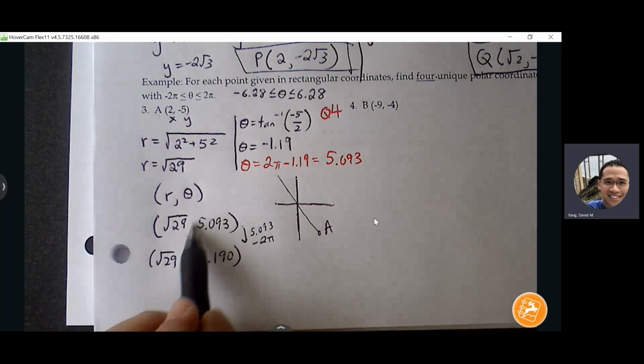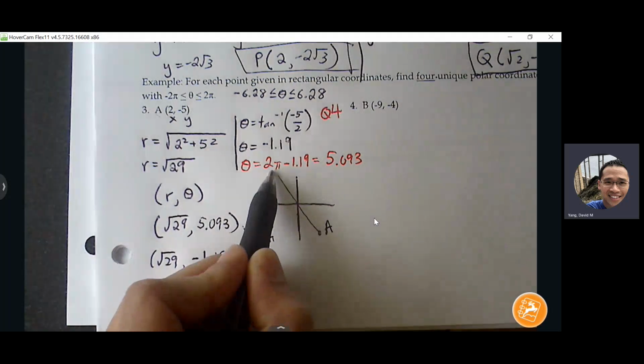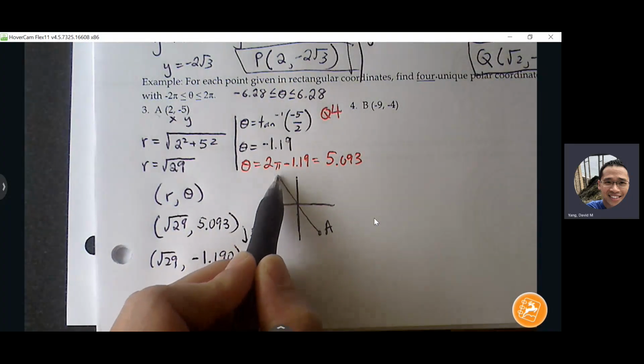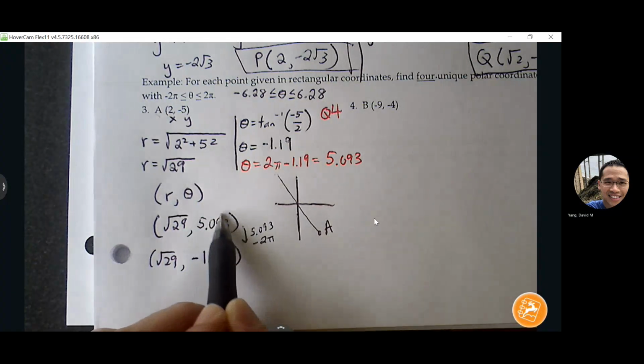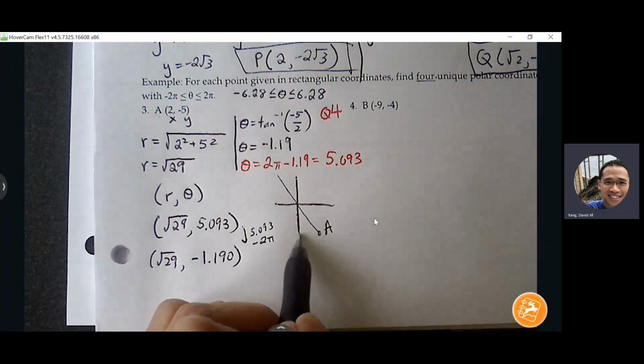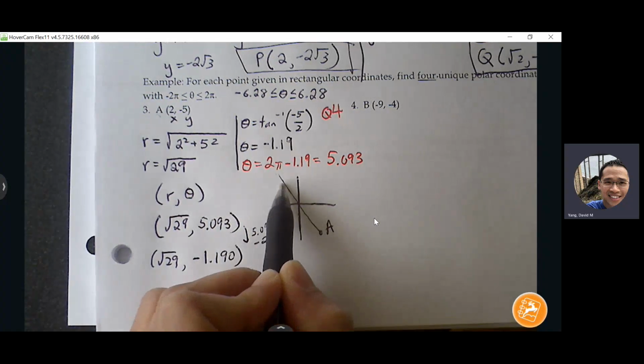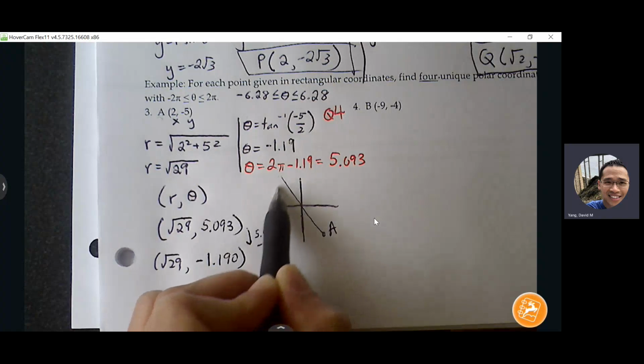Now, going back to 5.093, how can I get something that's in the second quadrant that I can use along this line? Subtract what? Pi, yep, subtract pi. That will take me back to that second quadrant. It'll take 180 degrees in the other direction.